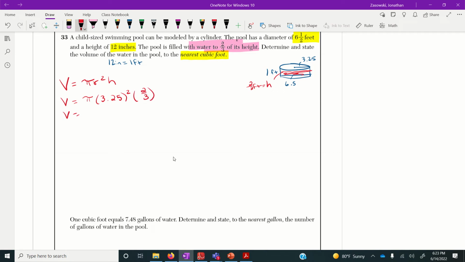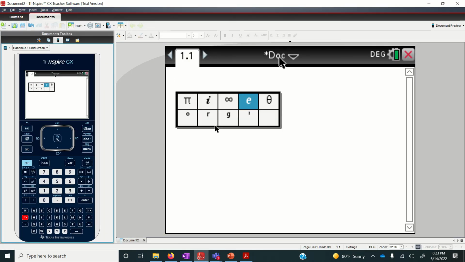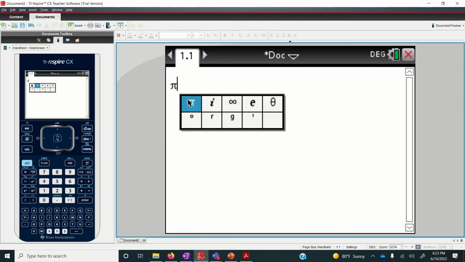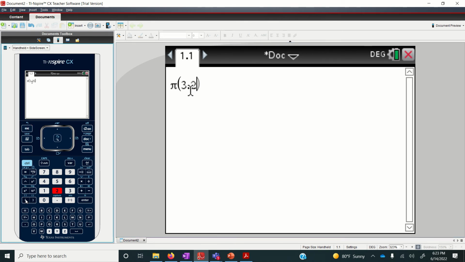Now it says nearest cubic foot, so we are going to use the pi button on the calculator. So we can grab that. Okay, so pi, 3.25 squared. And then you can do times.